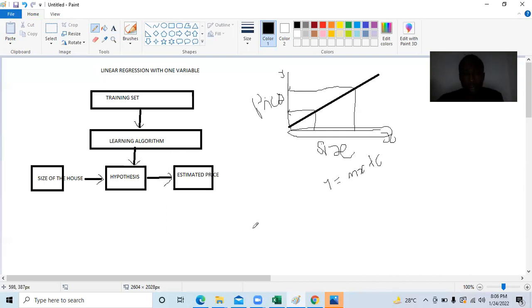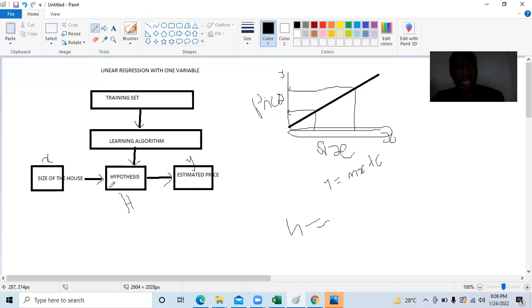So basically, I'm just saying that h is a function that maps x to y. So this is x, and this is y, obviously, and this is h.